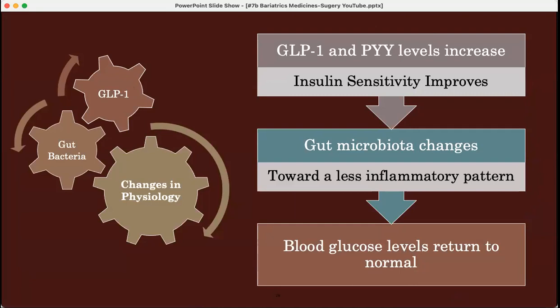The answer is the famous GLP-1 and PYY. Those hormones are responsible for insulin sensitivity. So they change their microbiome, it becomes less inflammatory, and the blood glucose levels start returning to normal, even without weight loss.